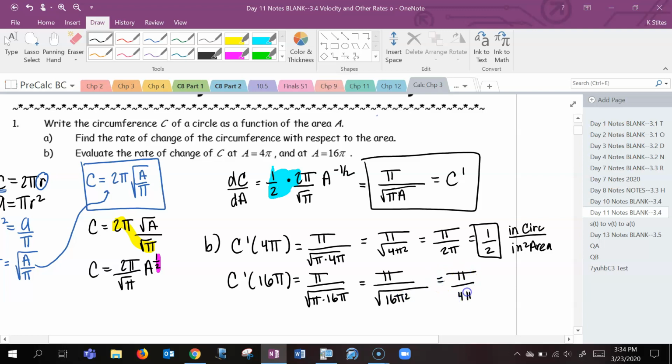So pi over 4 pi, that would be 1/4, with the same units, inches of circumference over inches squared of area. All right, great. Let's take a look at the next one.